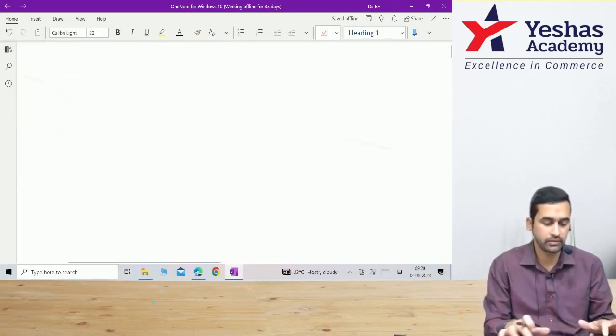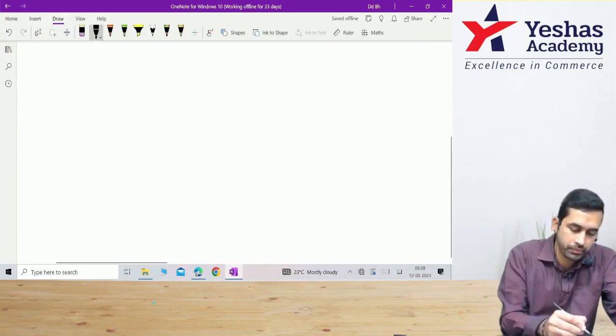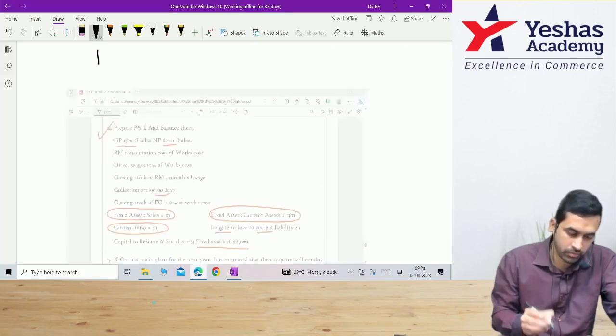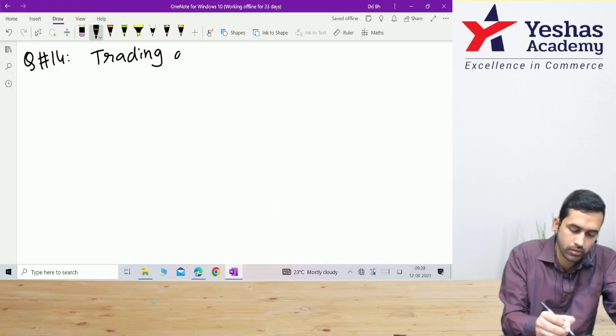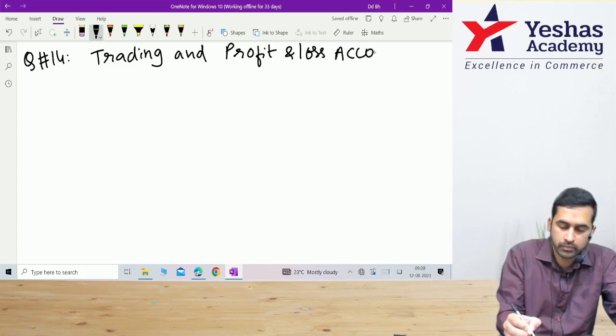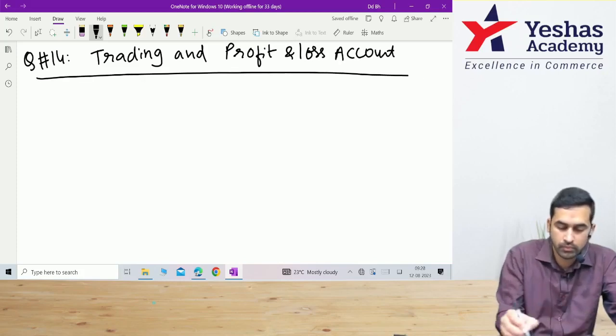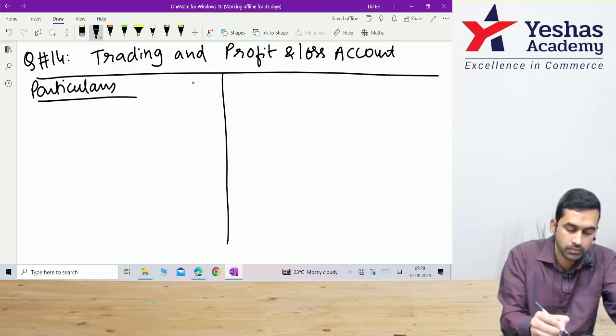Heading: trading and P&L account. Particulars, amount in rupees.